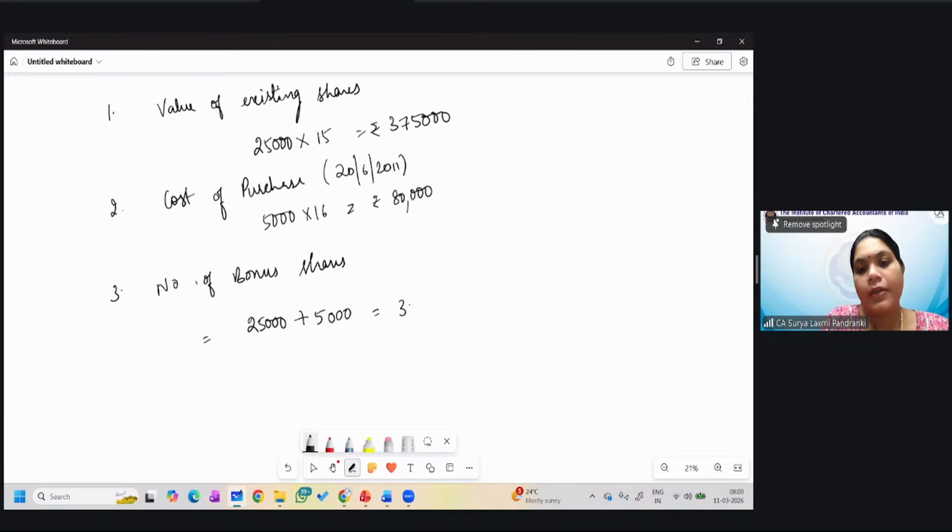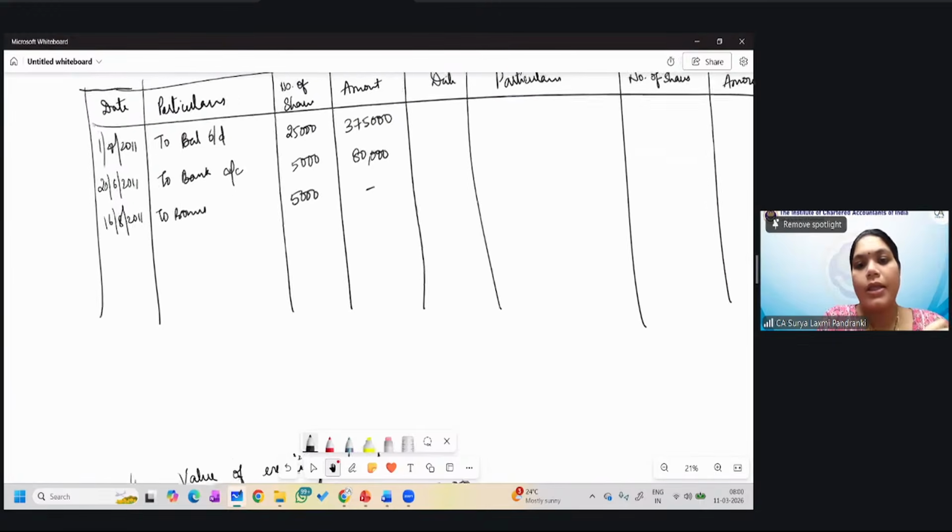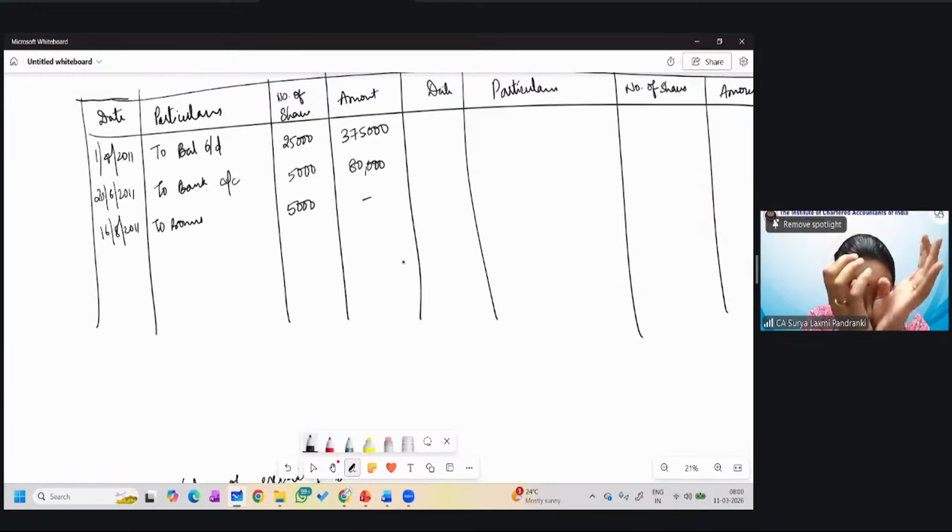This will be 30,000 shares into what is the ratio of bonus? 1:6, so it will be 1/6. This will be 5,000 shares. So you got 5,000 shares extra and there is no cost attached to it, so it will be nil. This is also done.